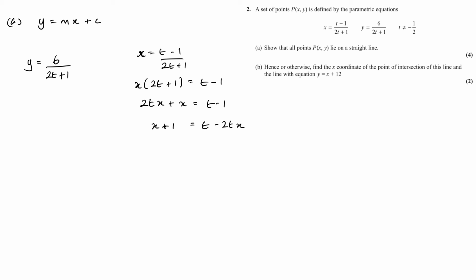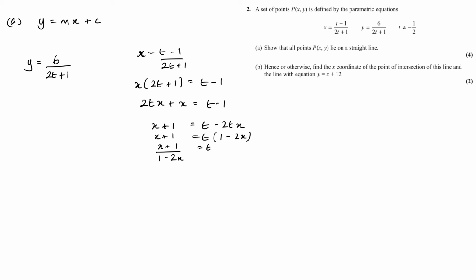I've just done it that way so that I get positive values. Take t out, 1 minus 2x. That's obviously still x plus 1, and then divide by 1 minus 2x, x plus 1 over 1 minus 2x equals t.